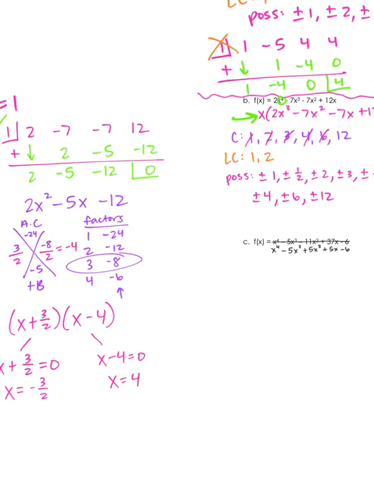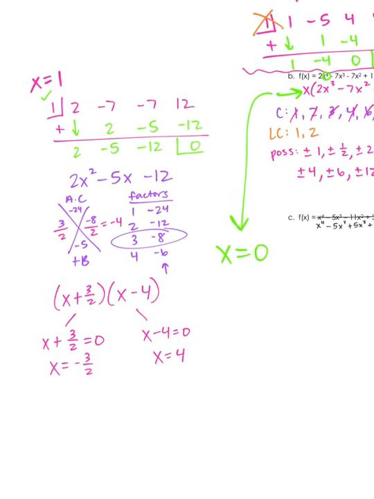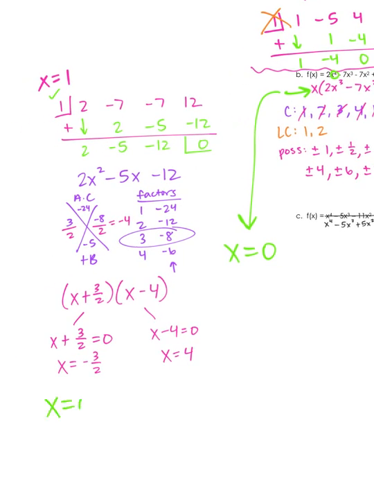I still need to set that equal to 0. So x equals 0 is another of my solutions. So all of my solutions are x equals 0, 1, -3 halves, and 4.